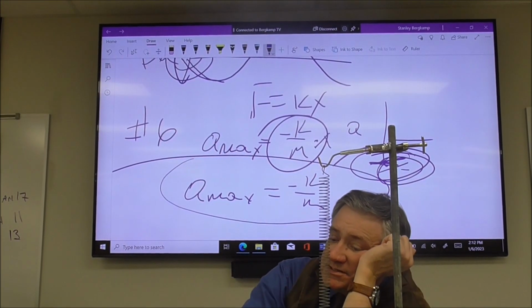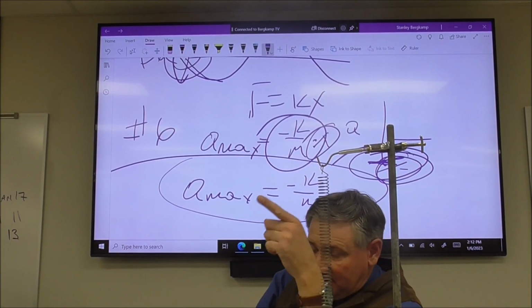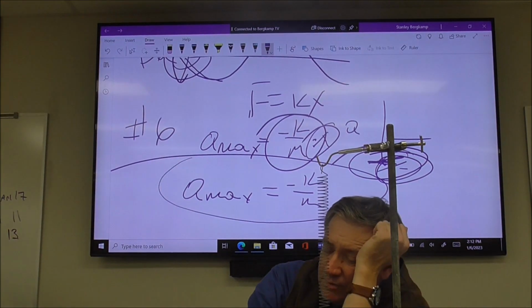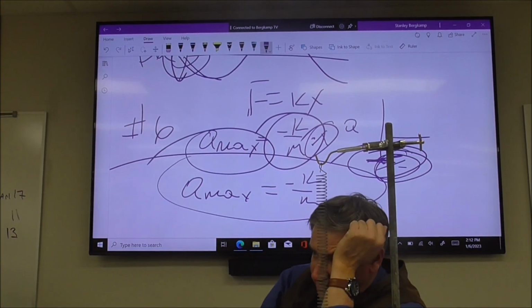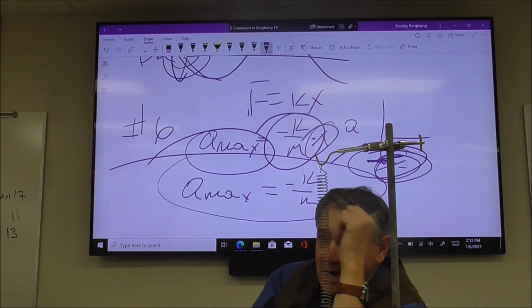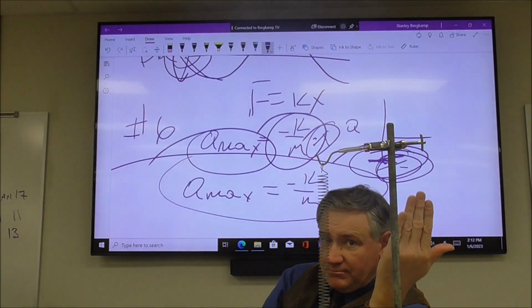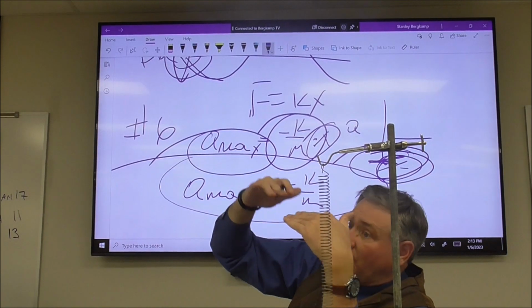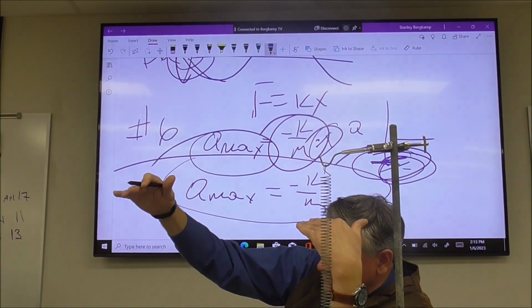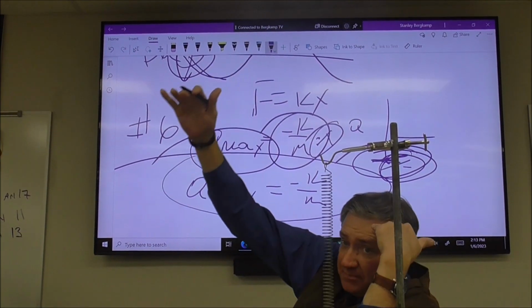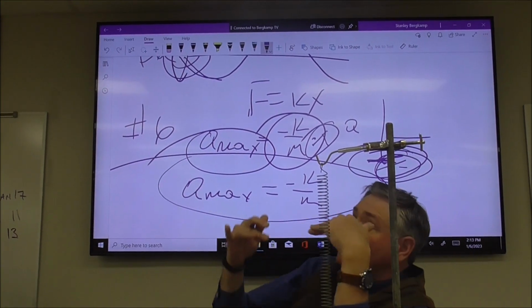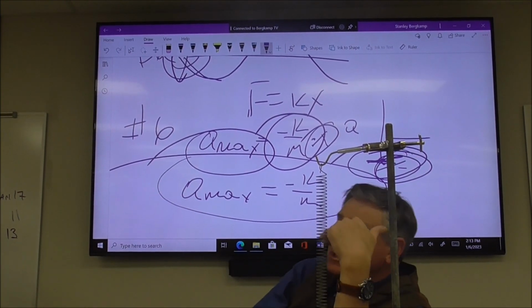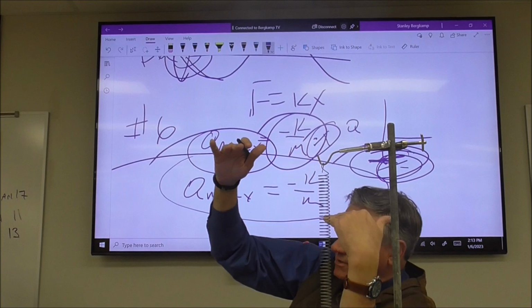If you want your maximum acceleration, your x value is going to be your amplitude, because that's your maximum distortion from where you started. When you're at the top or at the bottom, that's when you have your biggest acceleration.